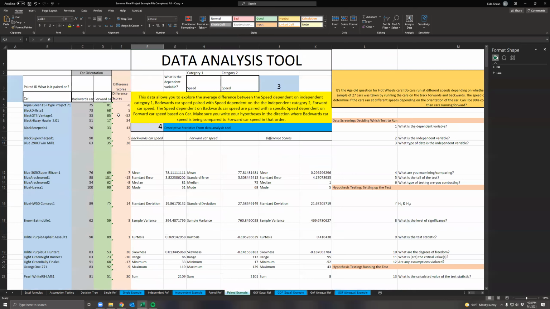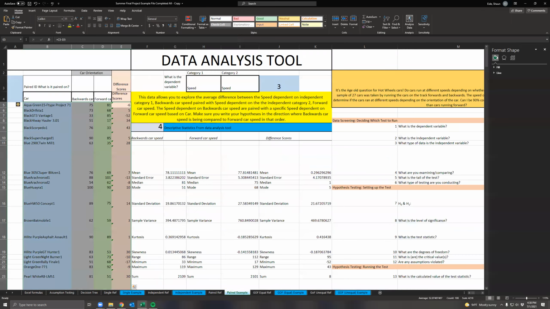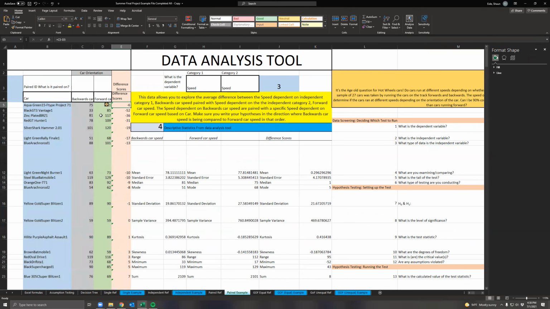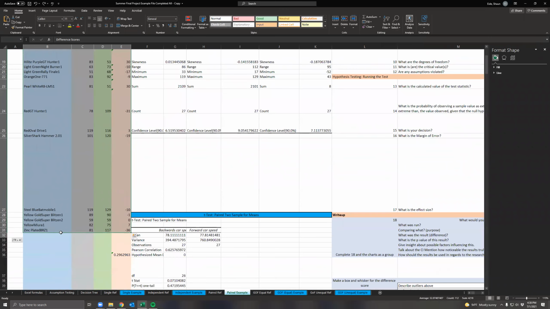I'm going to do something really quick: sort and filter, sort smallest to largest. I don't know why the negatives, oh, I know why, because it treated this like the label. So let's try that again.